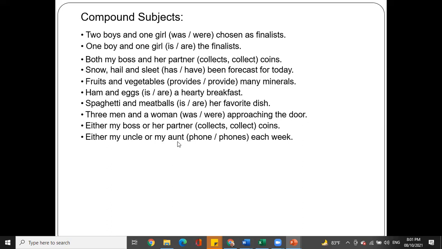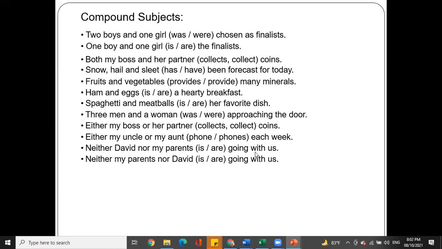So she phones each week. Neither David nor my parents, that's the same rule, are going with us. Neither my parents nor David is going with us.